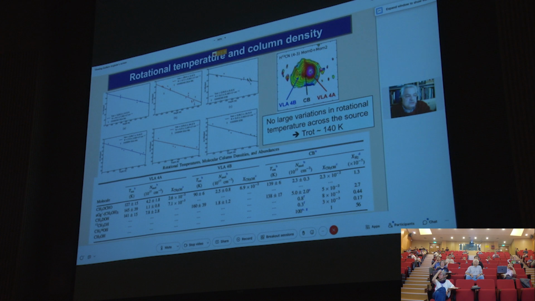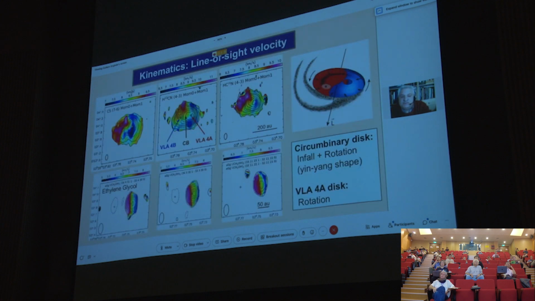What is interesting also is to see the kinematics from the line of sight velocity. We see that there is a clear velocity gradient across the circumbinary disk, and this gradient has a yin-yang shape that we interpret as a combination of infall and rotation of the gas.